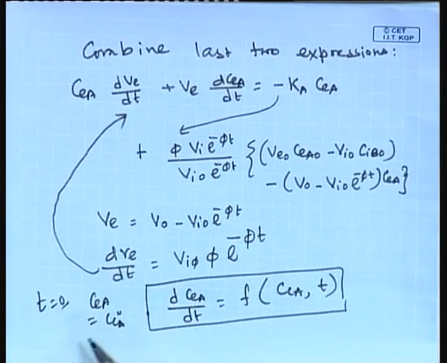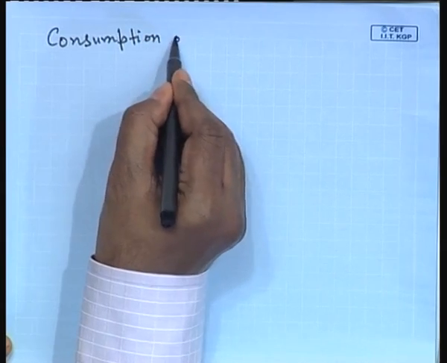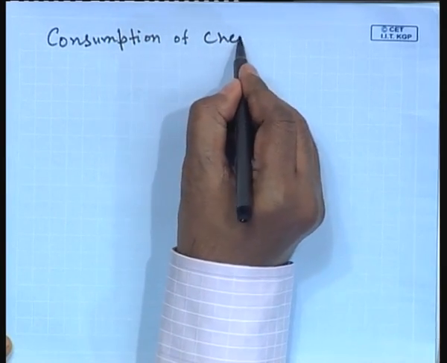So, it is basically an ordinary differential equation, an initial value problem, and this has to be marched forward using Runge-Kutta-4 or Euler's method or any other suitable numerical technique for solution of ordinary differential equations. Okay. Next, we calculate the amount of consumption of chemical reagent in external phase.